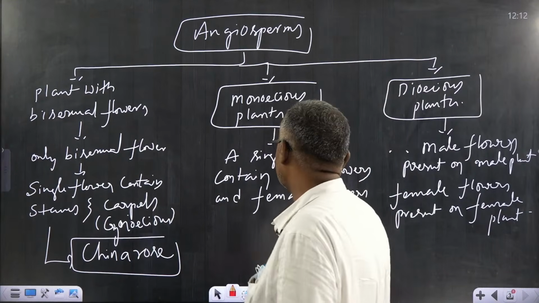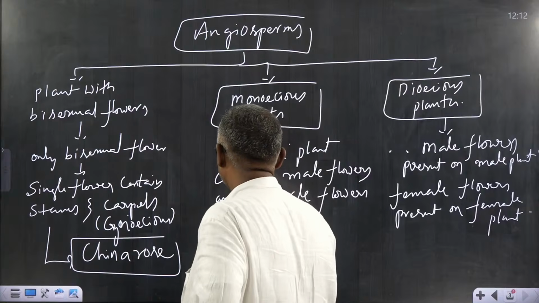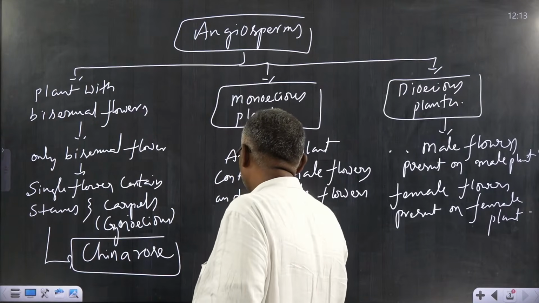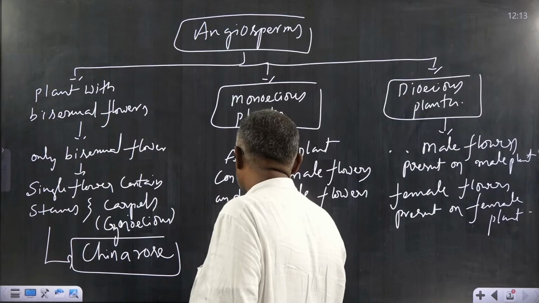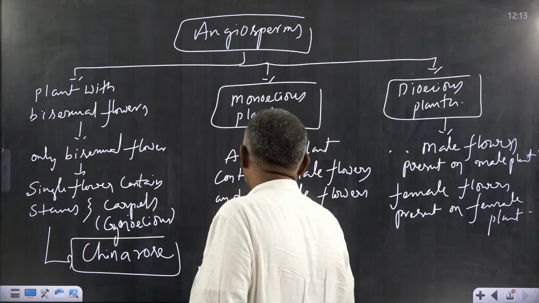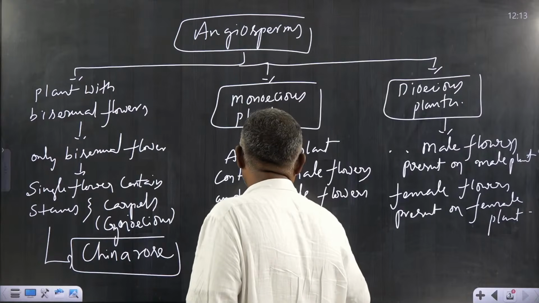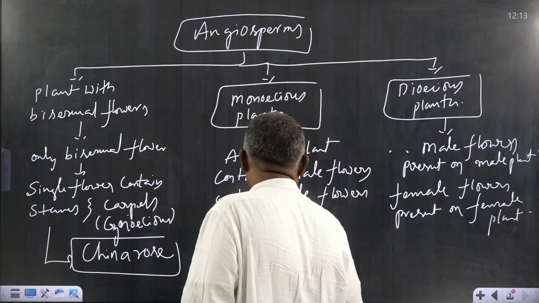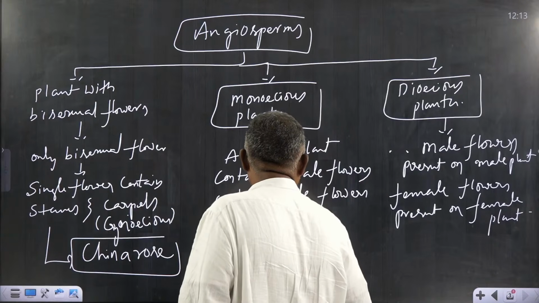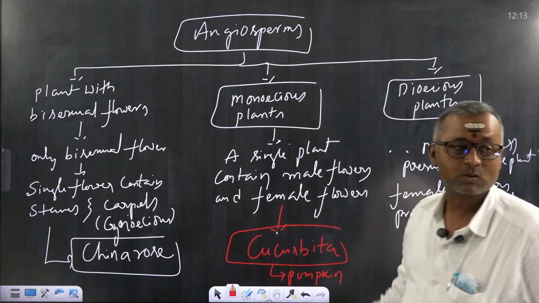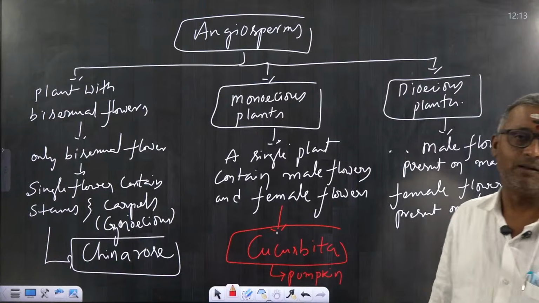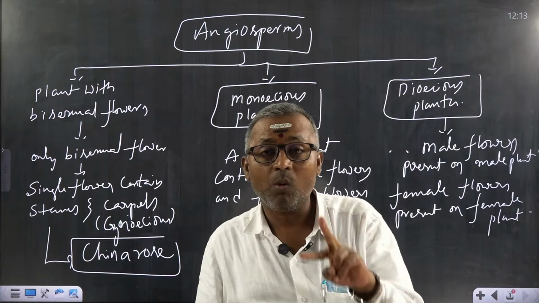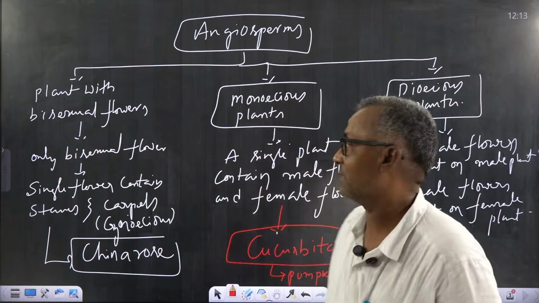For a monoecious plant, just for information, the best example is Cucurbita. Do you know what Cucurbita is? That is pumpkin. So pumpkin is one example for a monoecious plant, where a single plant contains both male flowers and female flowers.